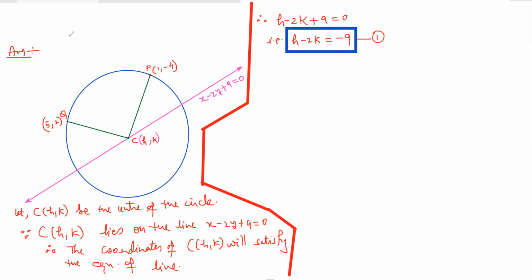CP will be equal to CQ. So I will write here, also, CP is equal to CQ.